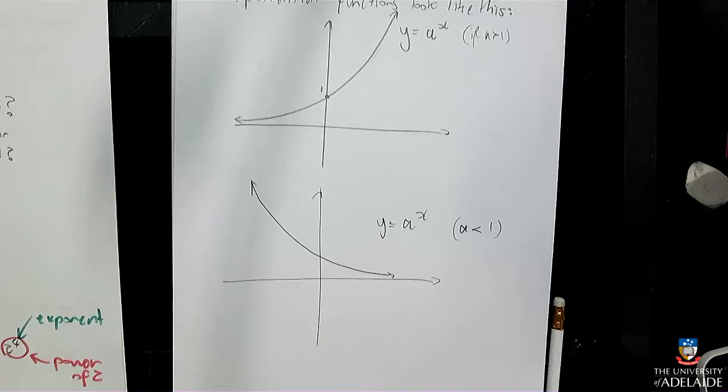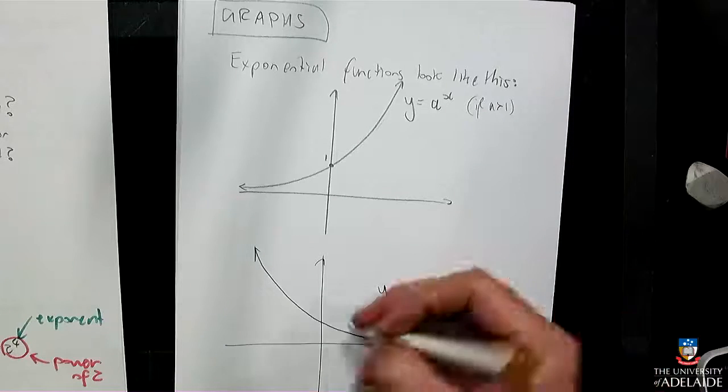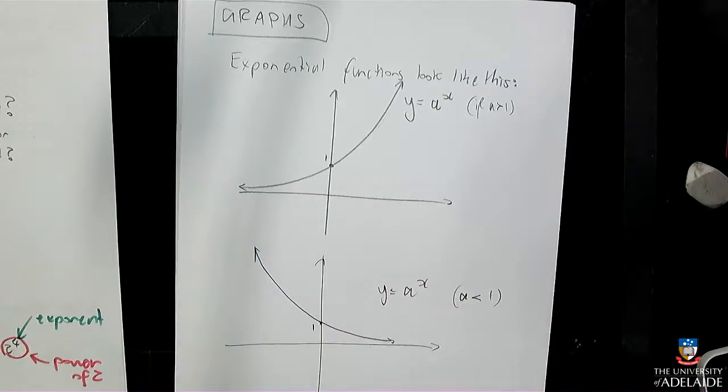So we're only going to consider the positive ones. So they tend to look like that. Okay? So that a is the number you multiply by when the x goes up by 1.